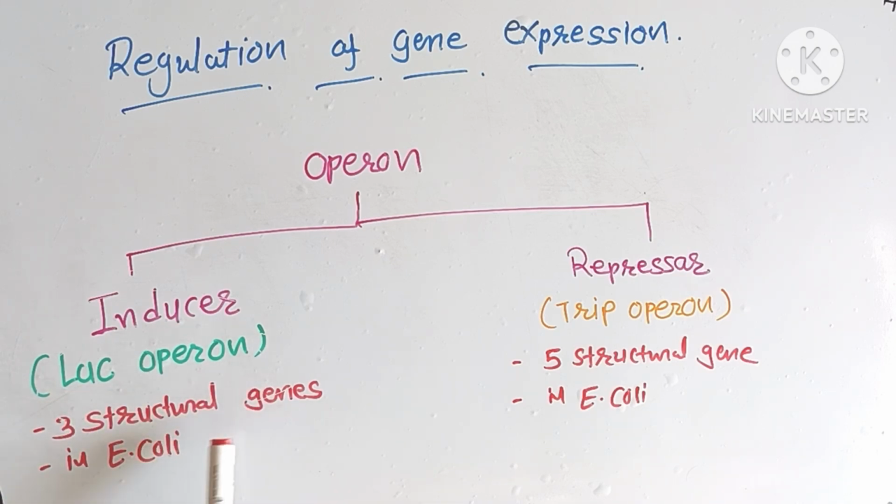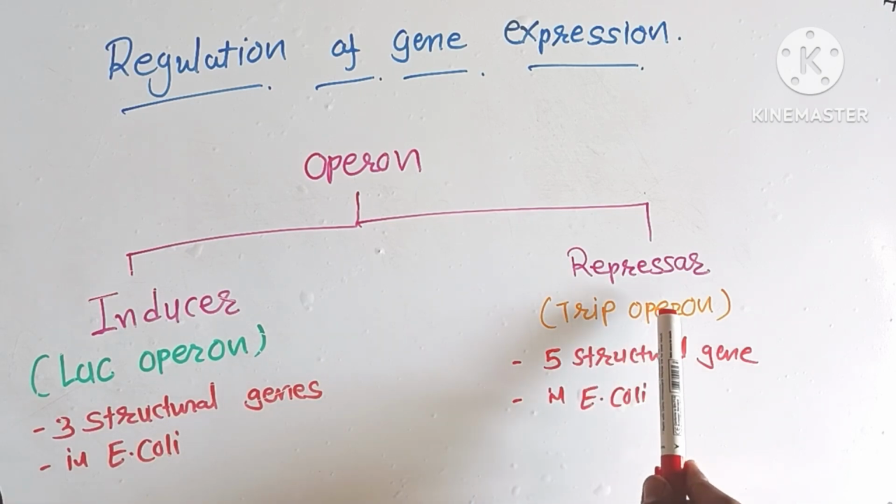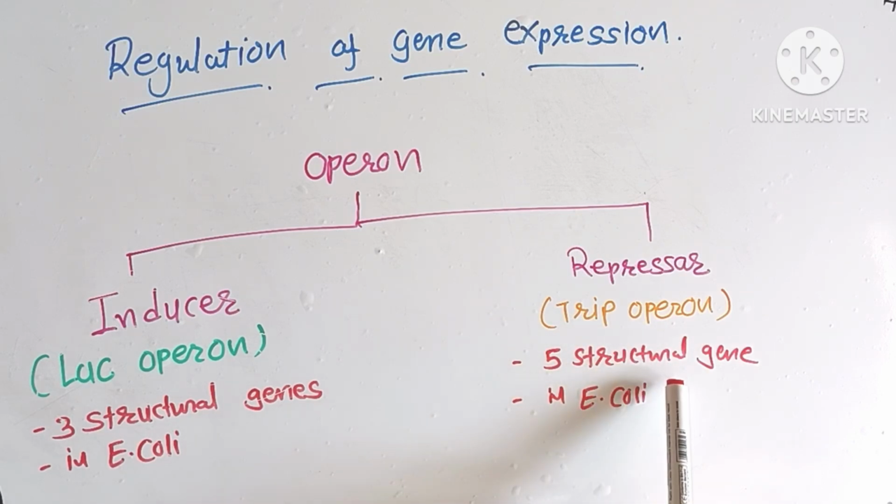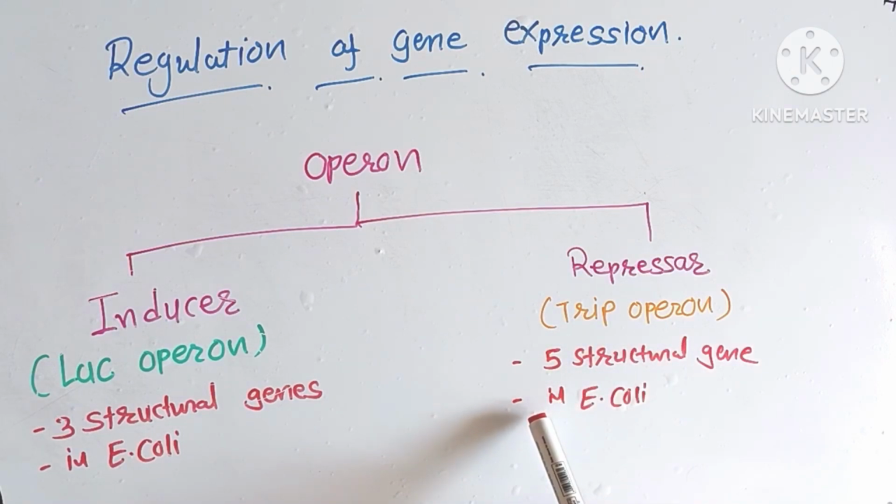Three structural genes are there and it happens in E. coli. Likewise, in the repressible type, the trp operon. Here trp is defined as the tryptophan operon, and 5 structural genes are there, and this is also happening in E. coli. In brief, what we are going to discuss in this video lecture is Lac Operon.